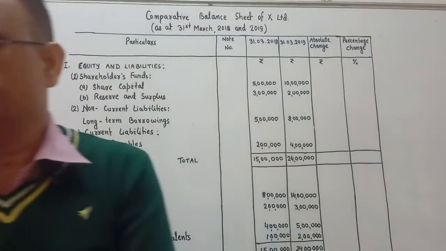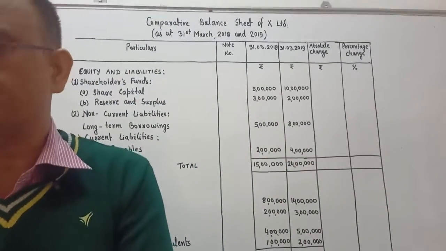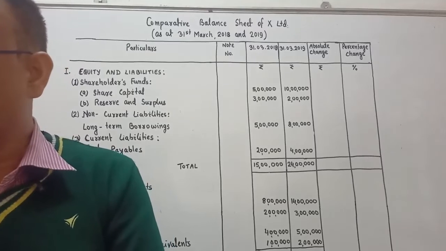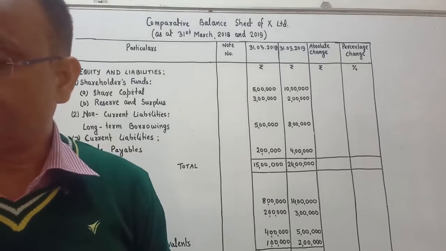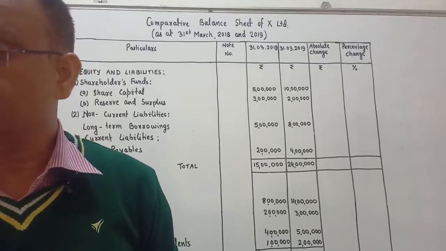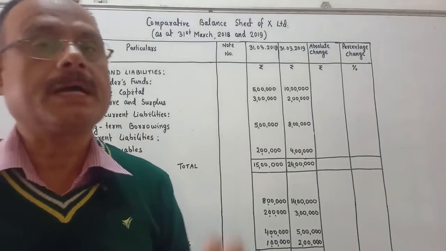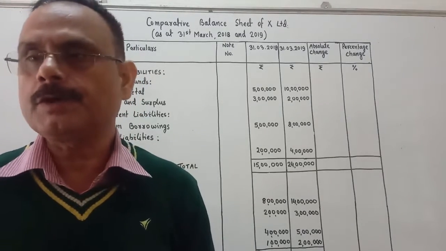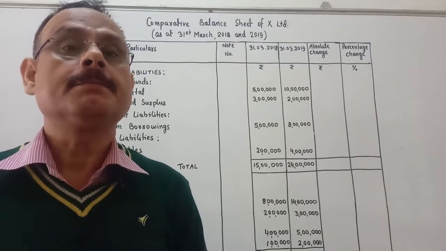So see the question. I am giving you one question based on this comparative statement, which is based on the balance sheet, comparative balance sheet. So first of all we are going to solve the comparative balance sheet.